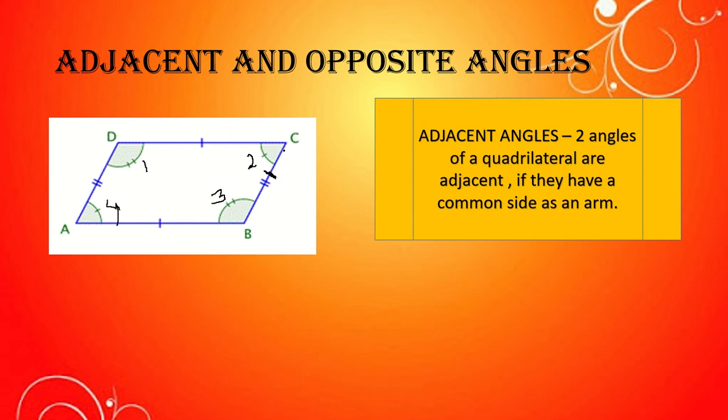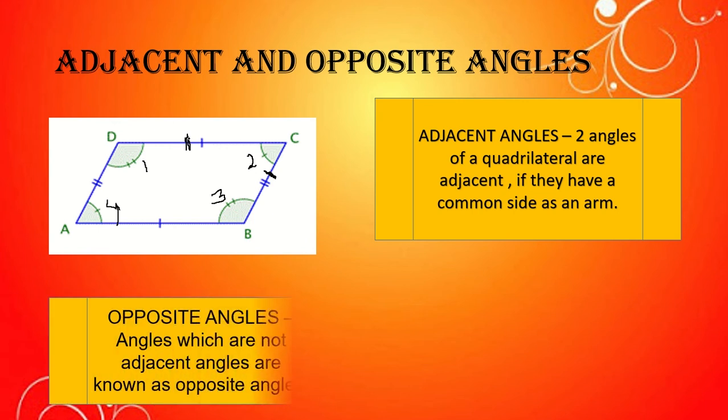You have only one common side between 2 and 3. So 2 and 3 are adjacent angles. Similarly, if you see angle 1 and 2, we are saying both are adjacent. Why? Because they have only one common side, CD.